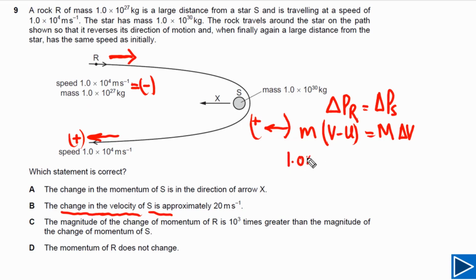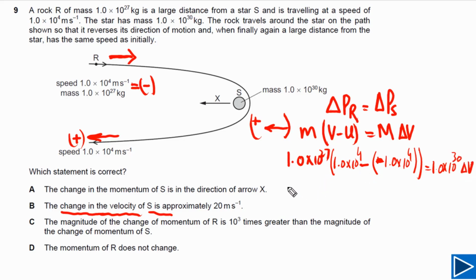Mass of the rock is 1.0 times 10 to 27 kgs, and the V in this case, this is 1.0 times 10 to 4, minus, and as this initial velocity is negative now because we took to the left positive, so we will plug in here. This is minus, so this is minus 1.0 times 10 to 4, and here we have mass of star, that is 1.0 times 10 to 30 multiplied by delta V.